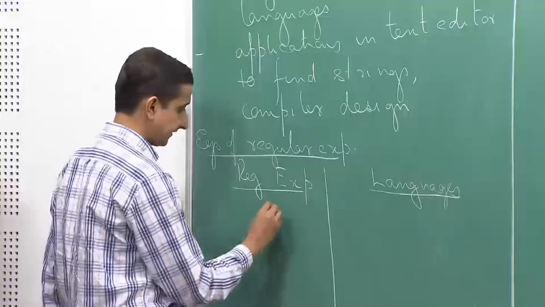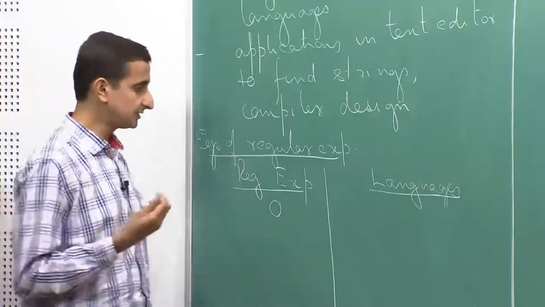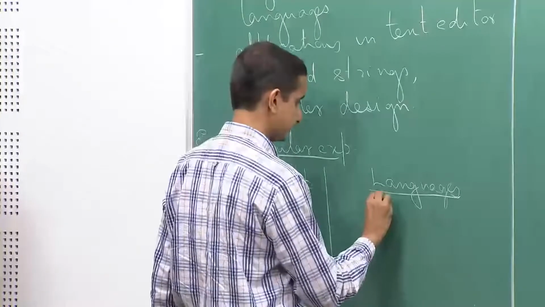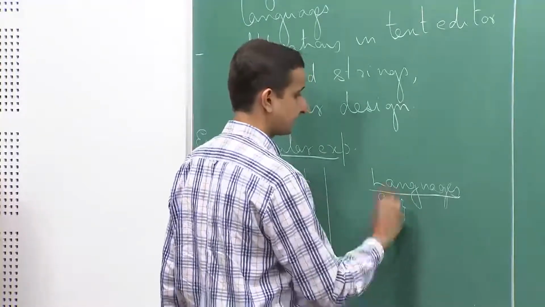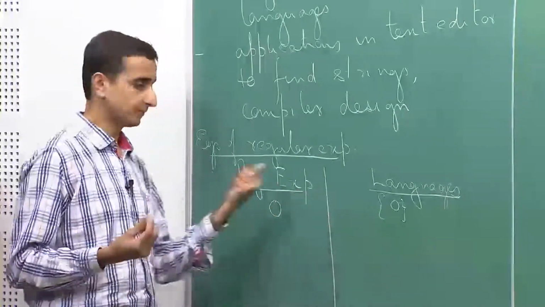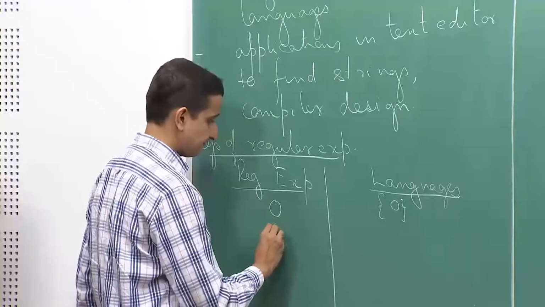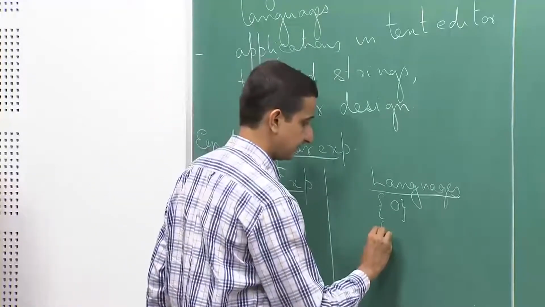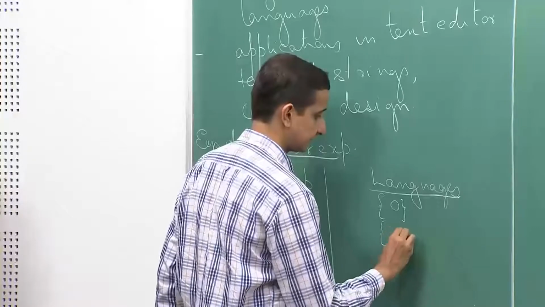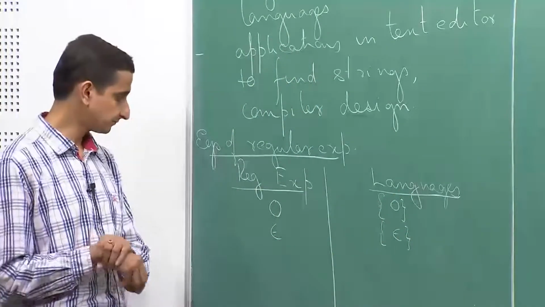If I take the regular expression, let us say 0, this is basically just the language consisting of the singleton string 0. Similarly, if we have the regular expression epsilon, this is again the language consisting of the singleton string, the empty string or epsilon.